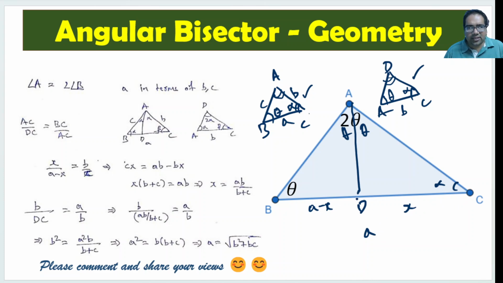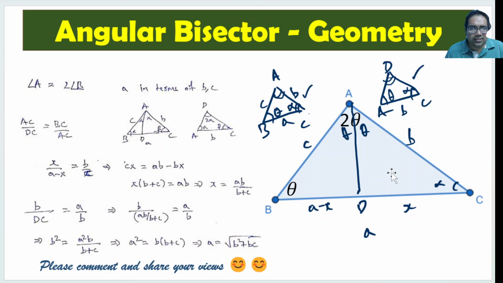We know this angular bisector divides in the ratio of the other two sides. So X by A minus X will become B by C, because the angular bisector divides in the ratio of the other two sides.